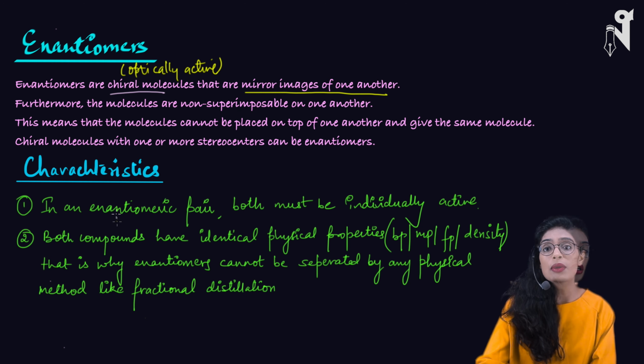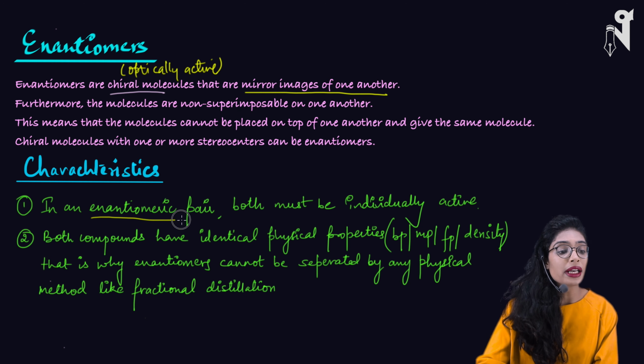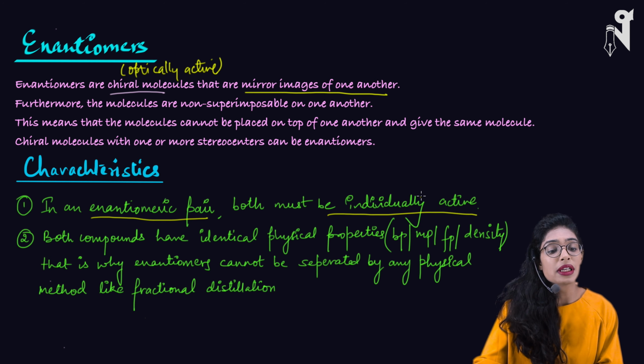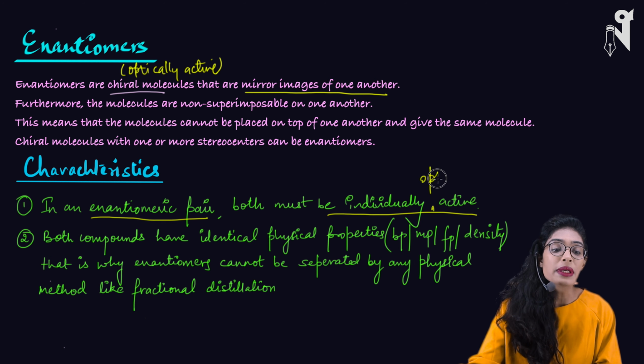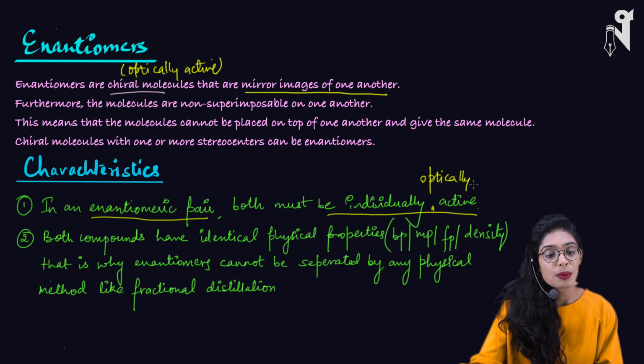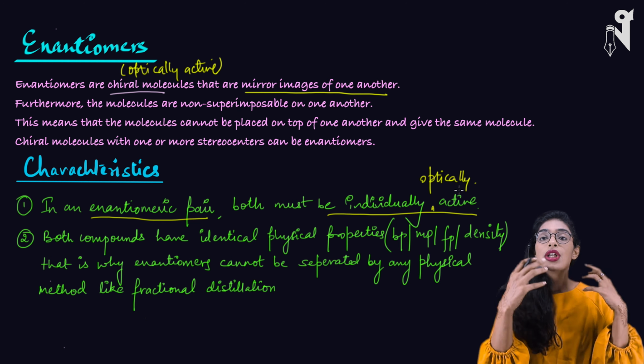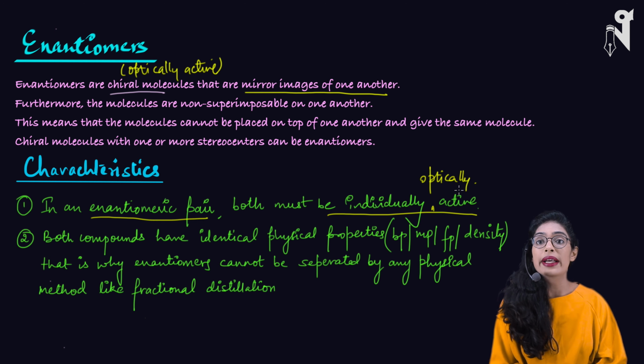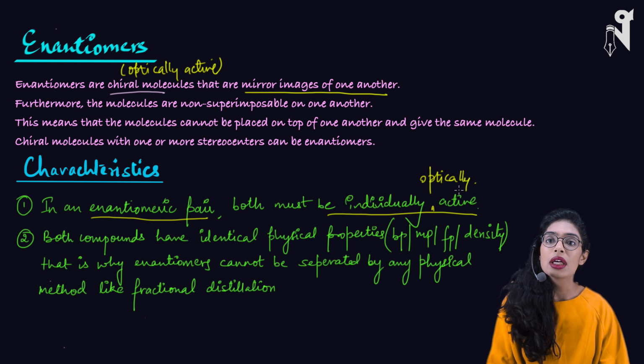Okay, so let's talk about their characteristics also. In an enantiomeric pair, that means a pair of enantiomers, both must be individually optically active. So basically both should be showing optical activity. Now you may have a thought in your mind: is it possible that they won't have any optical activity?